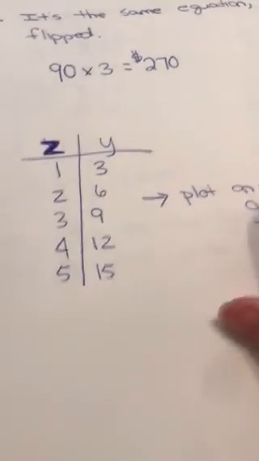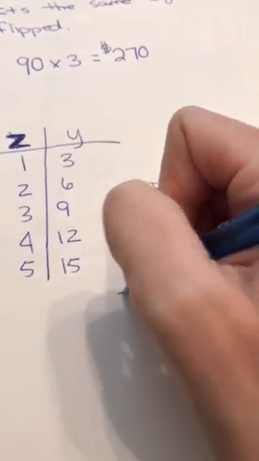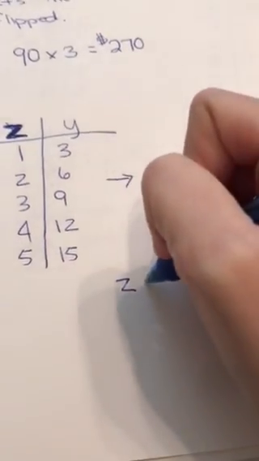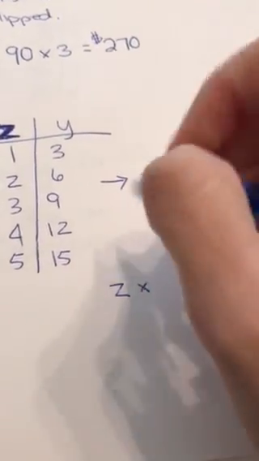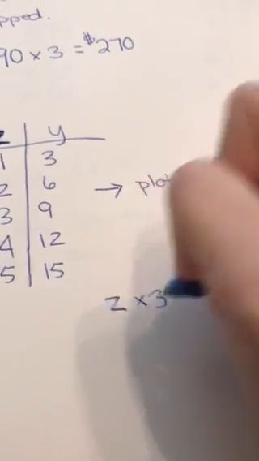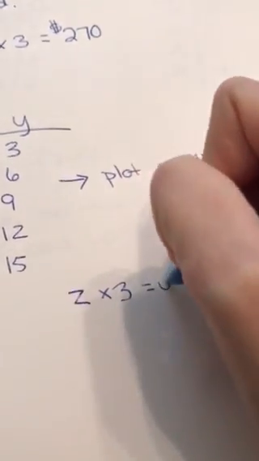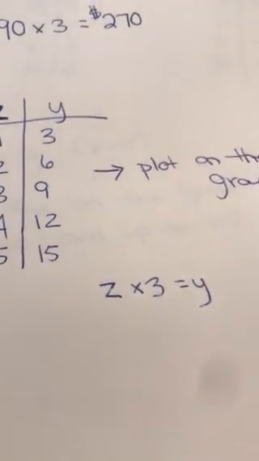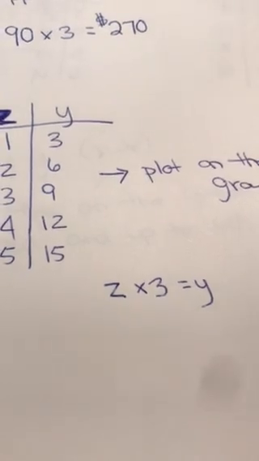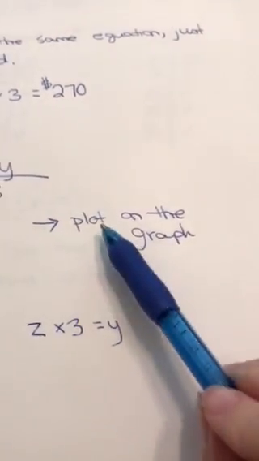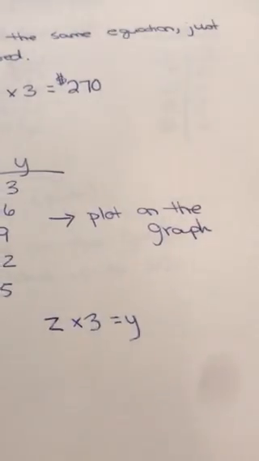All right, so again, my rule is the same rule that it's been. It's going to be my starting number times 3, which will give me Grandma's reward. I haven't changed that. All right, so now we're actually going to plot this on the actual graph.